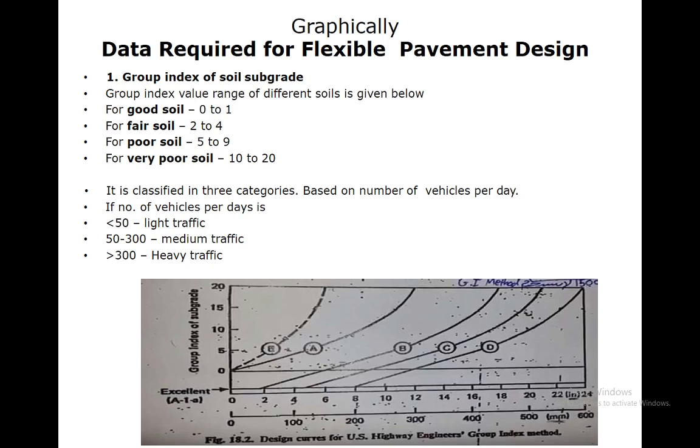This is the second method through which we can also determine graphically how to design the flexible pavement subgrade. But keep in mind, the GI method is only used for the subgrade, to determine how much subgrade value a specific pavement should have.